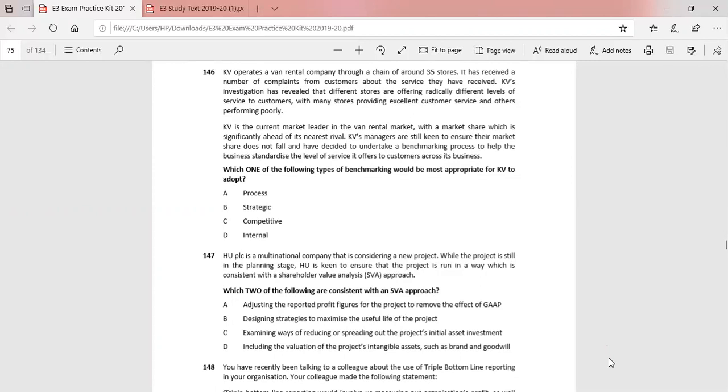Which one of the following types of benchmarking would be most appropriate for KV to adopt? Most appropriate.